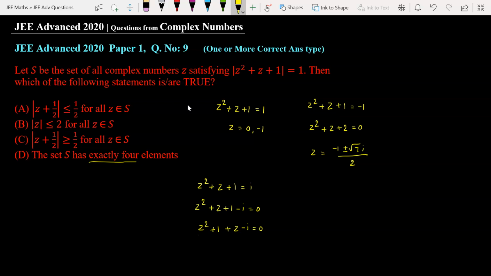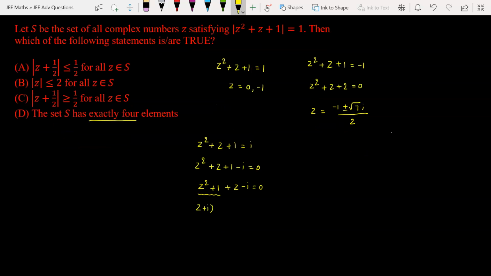If we factorize this, we can write it as z plus iota into z minus iota, plus z minus iota is equal to 0. Now taking z minus iota common, we have z minus iota into z plus iota plus 1 is equal to 0. This implies z is equal to iota, minus 1 minus iota. These are the 2 possible values.